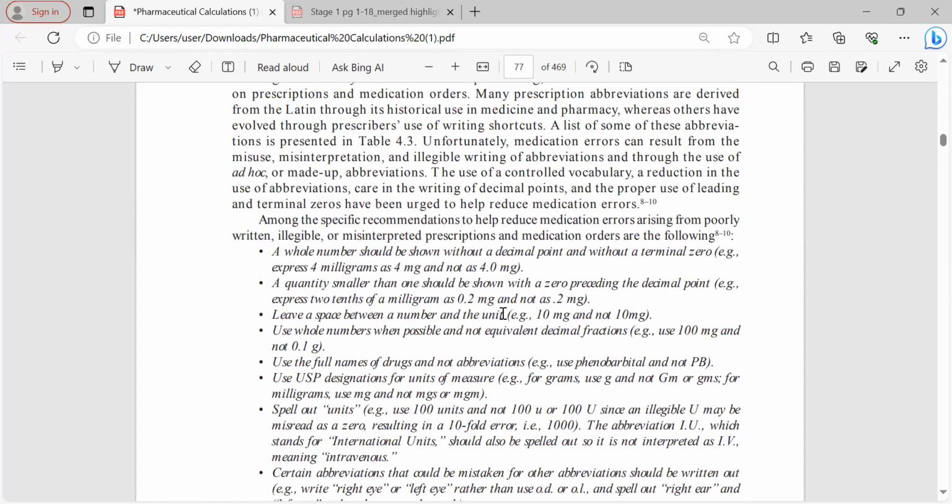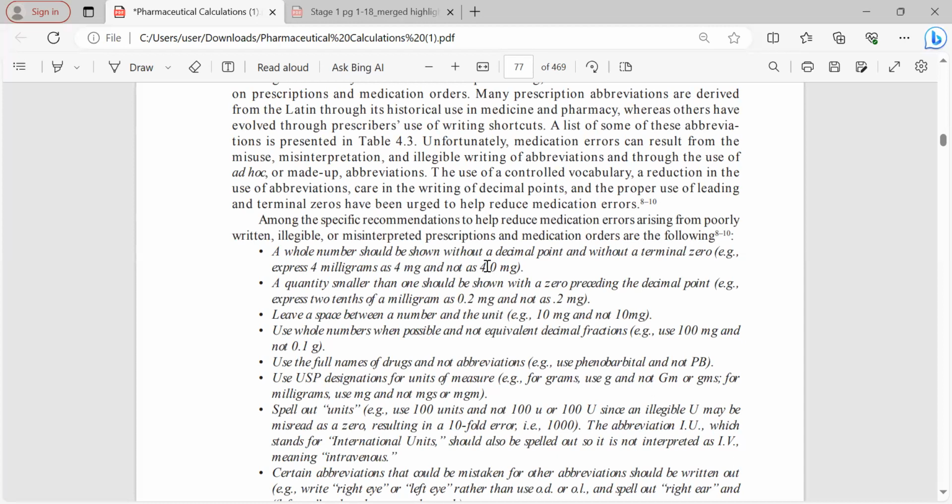Because if you write 4.0 milligrams instead of 4 milligrams, someone might miss the point and dispense 40 milligrams. But if the 0 is significant, for example in 0.4, then of course you write the 0, because if you just write .4 milligrams, someone might miss the point and dispense 4 milligrams. So if a 0 is significant, always write it. If it's not, you don't write it.